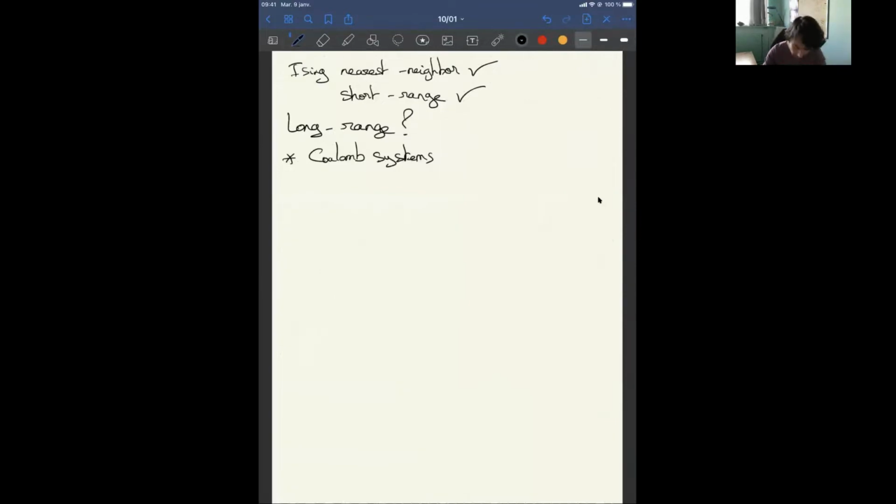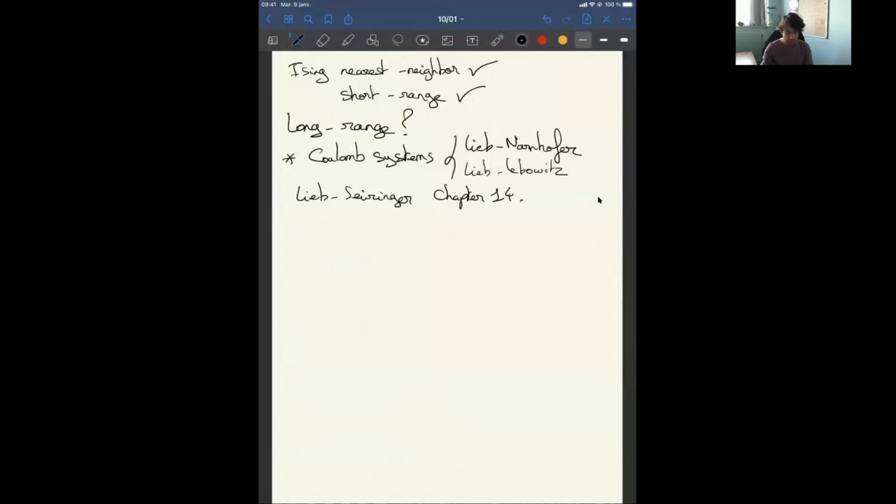Okay, so there are papers by Lieb, Narnhofer, and also Lieb and Lebowitz. You can read that in the book of Lieb and Seiringer, chapter 14.